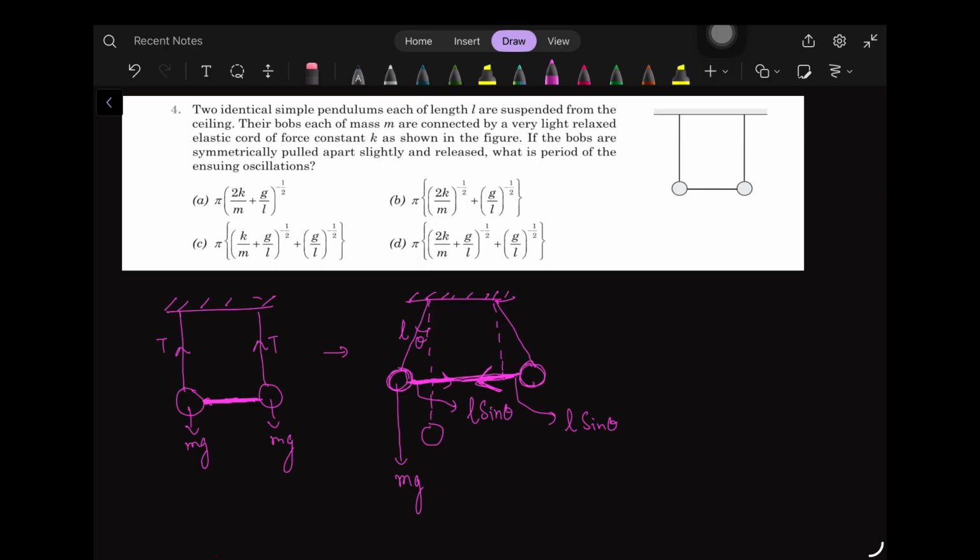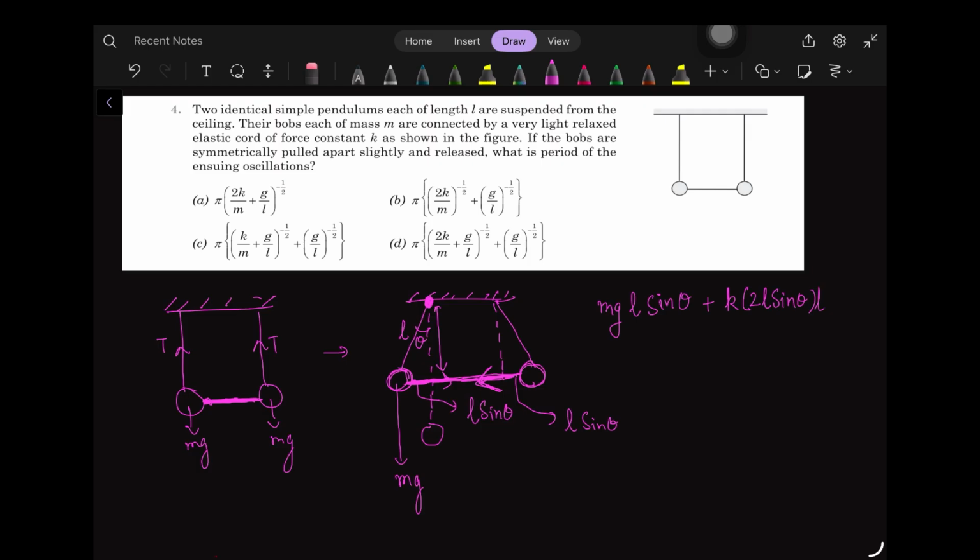Now let's take the torque about this point on the roof. So torque of mg will be mg into this distance, which is L sine theta, plus torque of the force applied by this elastic cord, which is k into extension, which is 2L sine theta, into this length.